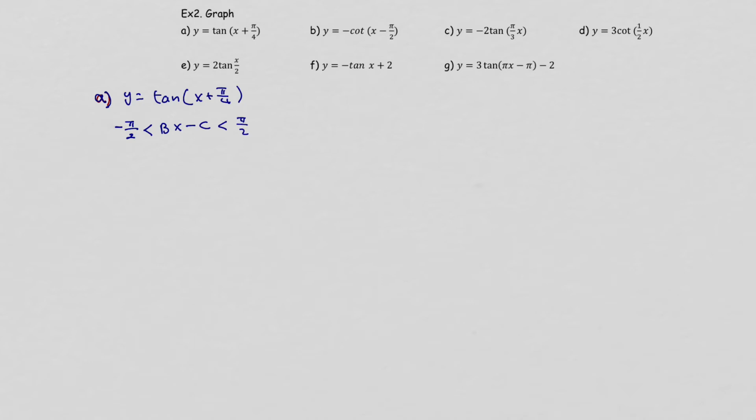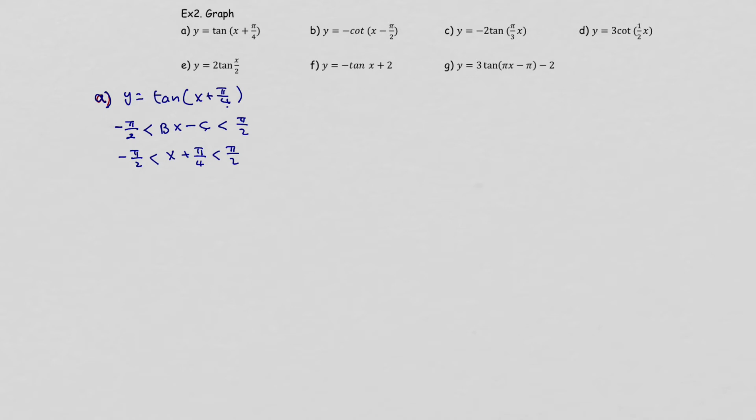So plug in that, right? Since we have c as pi over 4, if we replace that, we have x plus pi over 4 is between negative pi over 2 and pi over 2.